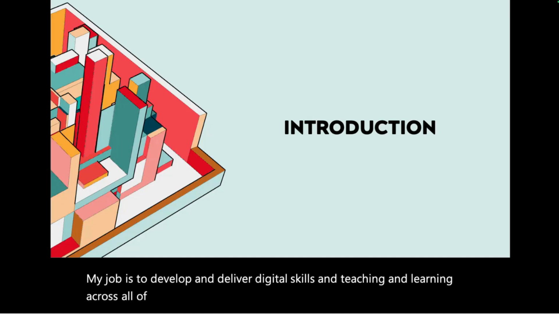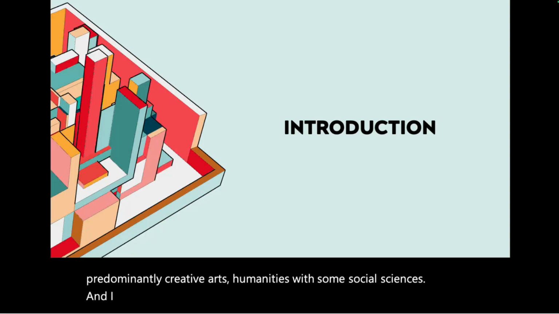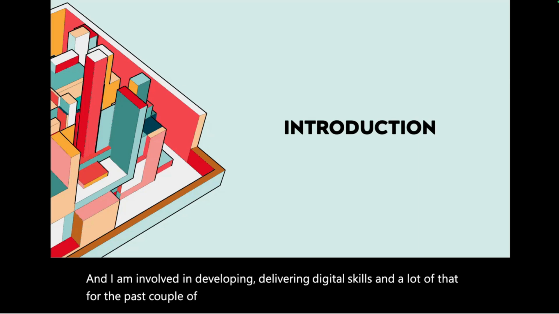If you're unfamiliar with Goldsmiths, we're predominantly creative arts, humanities, with some social sciences. And for the past couple of academic years, a lot of my work has been centered around using generative AI.